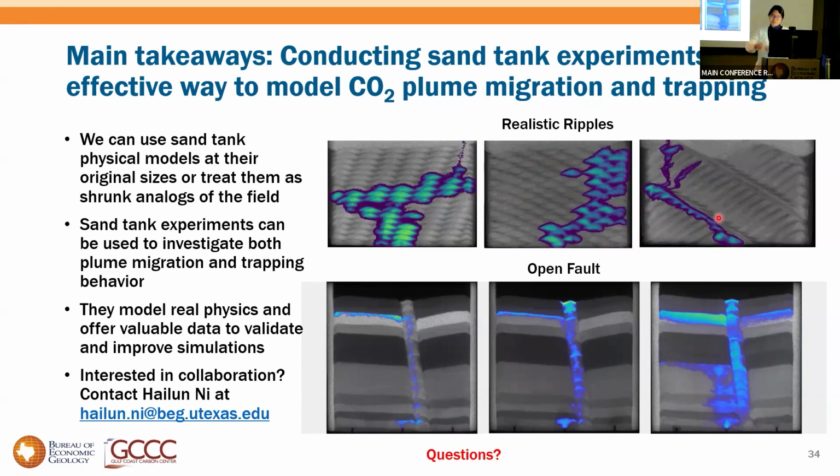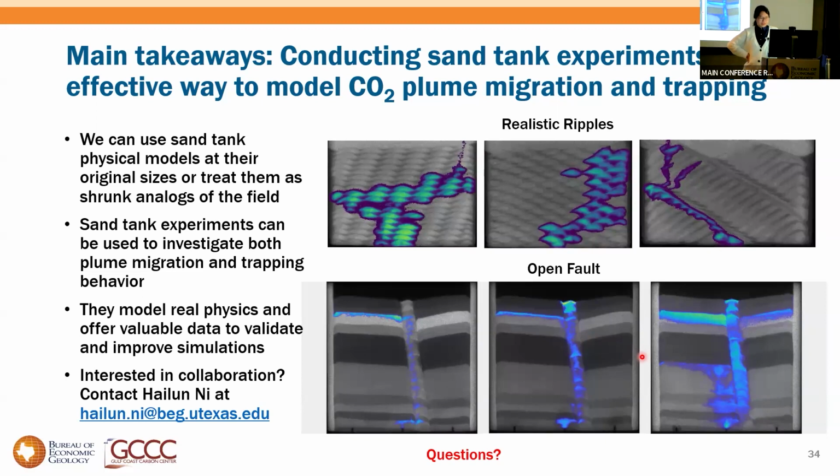But a lot of the time when you have these horizontal layers, for example in this high perm region, you do see the plume extending over a large area. We can in fact investigate this kind of lateral plume migration with a vertical tank, for example in this open fault case, but we will probably want a pretty long tank in order to investigate that.